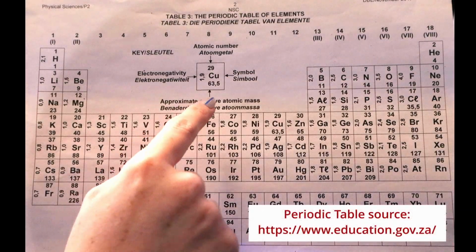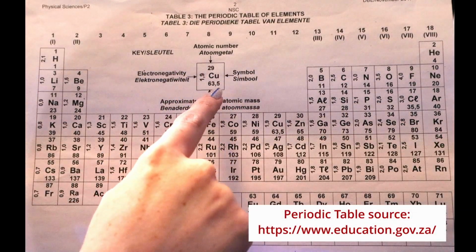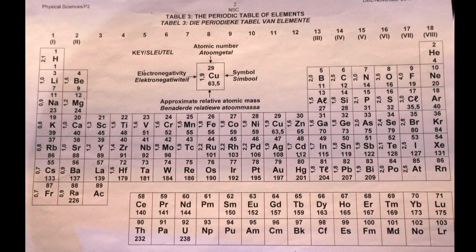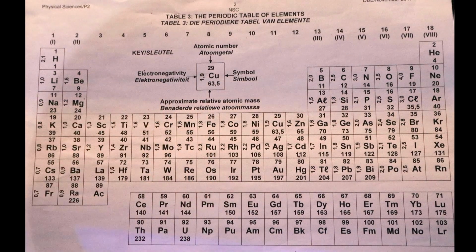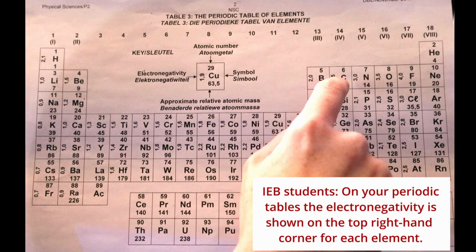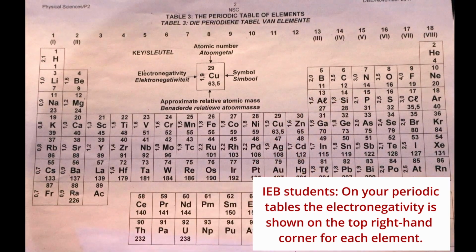Now, you'll see that on periodic tables, there tends to be a key showing you what the information is for each element. They show you here that the number written down the side is electronegativity. So all these little numbers written going down the side here are electronegativity.